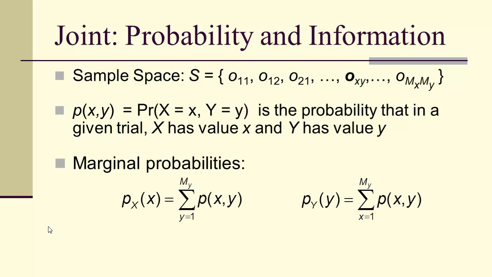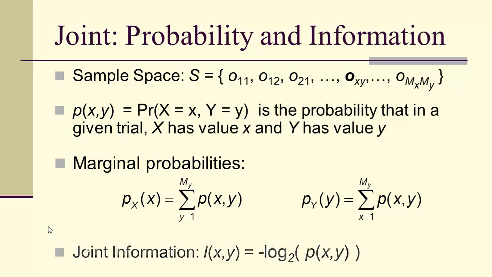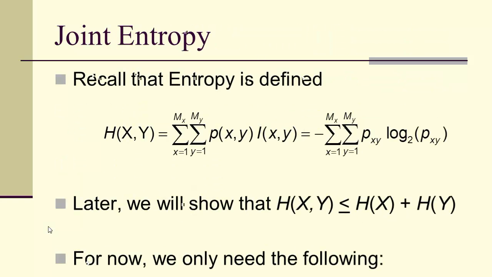Marginal probabilities are probabilities of the x and the y respectively. And joint information is, once again, a negative logarithm base 2 of probability. We also had joint entropy, and joint entropy is defined as just the sum over the joint probability distribution of the joint information, and therefore it's once again given like this.